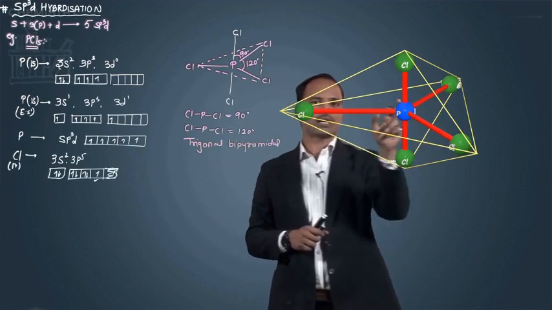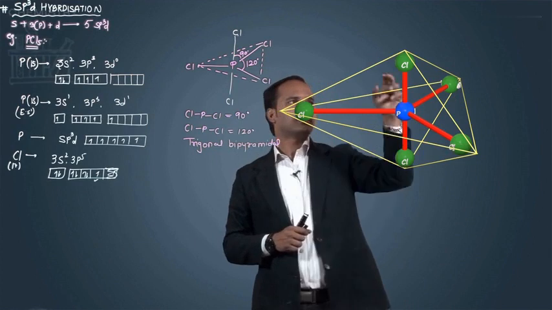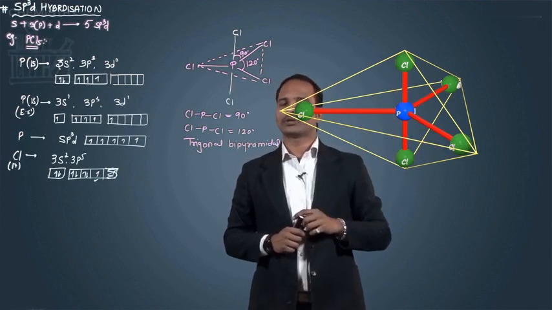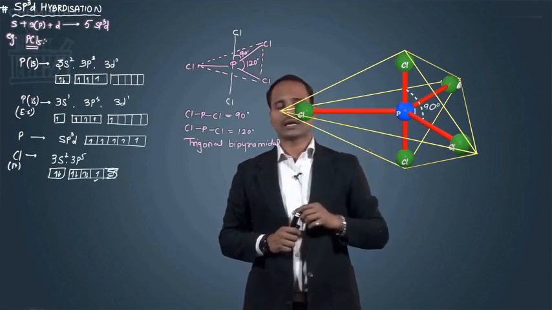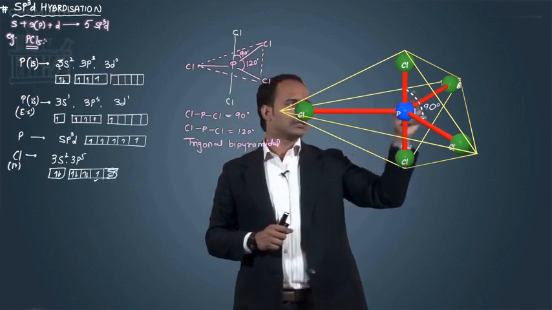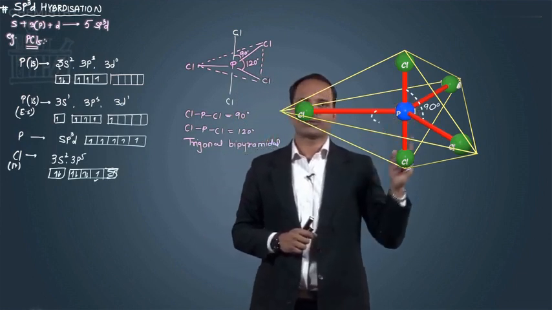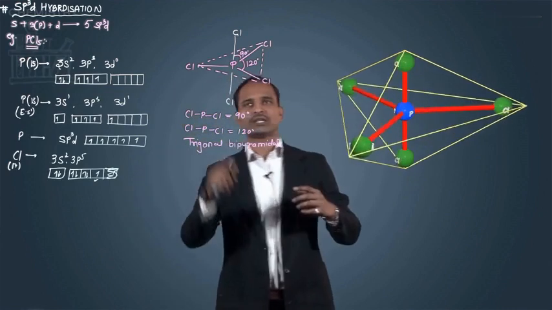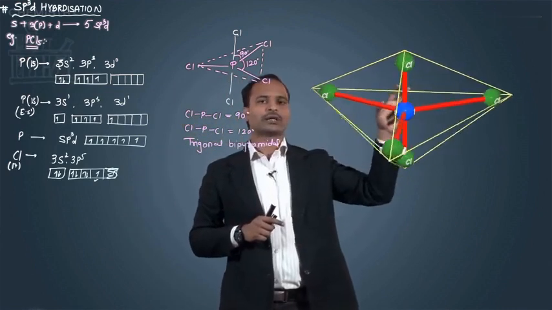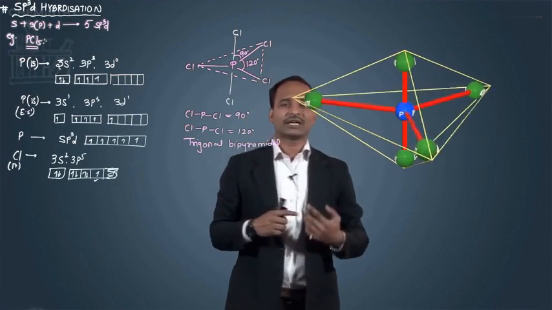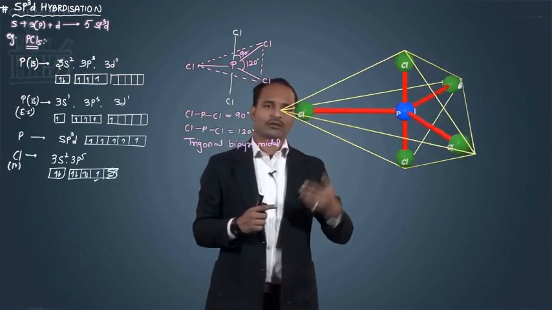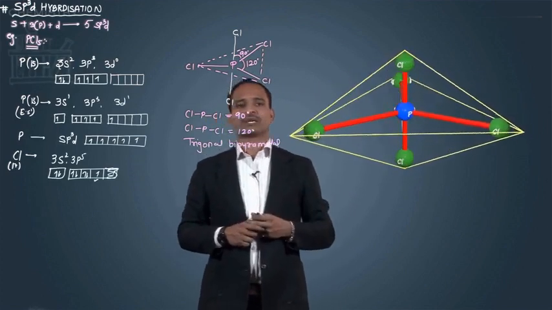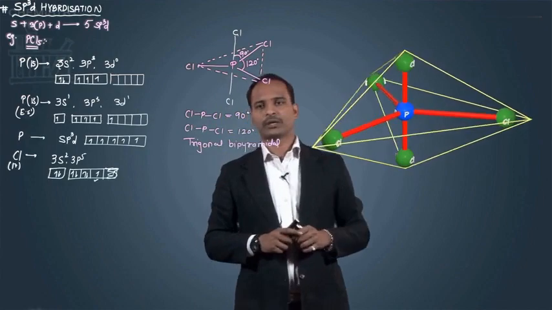These three chlorine atoms are present in a plane, and the two chlorine atoms perpendicular to the plane form a 90 degree angle, while the chlorine atoms in the equatorial position form 120 degrees. When the three equatorial chlorine atoms are joined with the axial chlorine, we get a pyramid on the upper side and one on the lower side. Hence PCl5 has trigonal bipyramidal geometry.